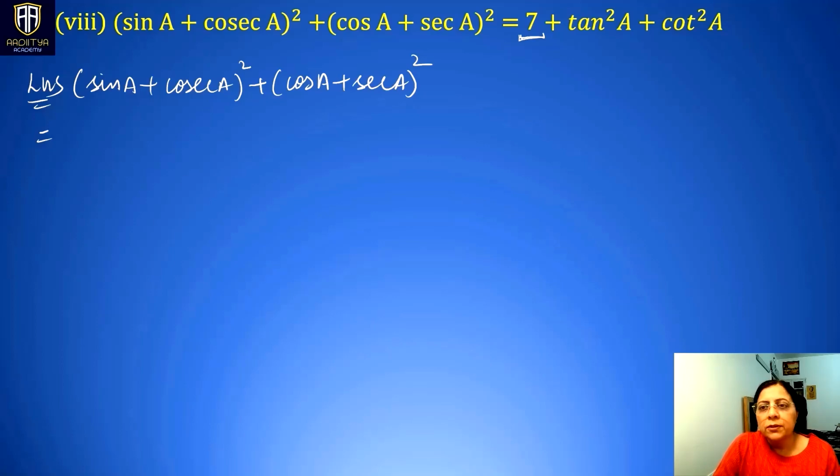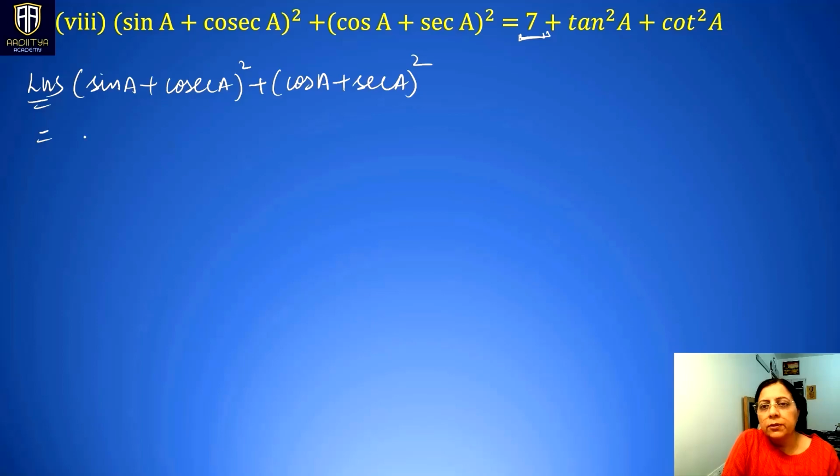So what you have to do is go by opening, instead of treating this as 1 upon sine A, 1 upon cos A, it will become lengthier in this question. So instead, since this big number is required, you start opening it by using an identity.